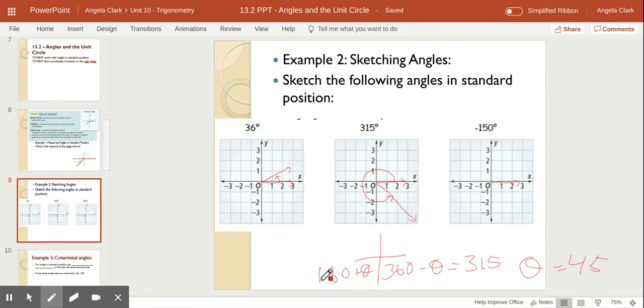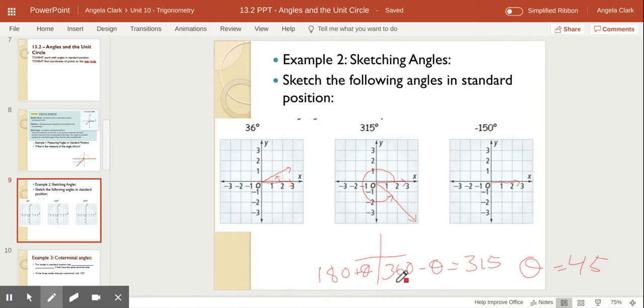Or I could not use this formula and just think, okay, if this is 180, this is negative 180, and I want negative 150, what's the distance between negative 180 and negative 150? And I could just do 180 minus 150, and that would give me 30.